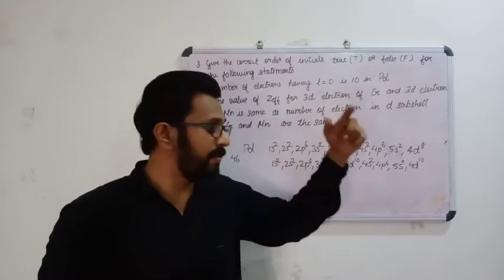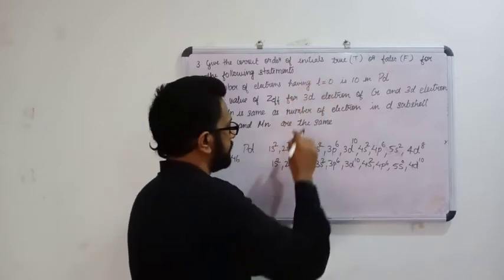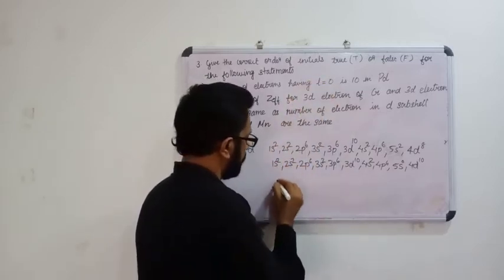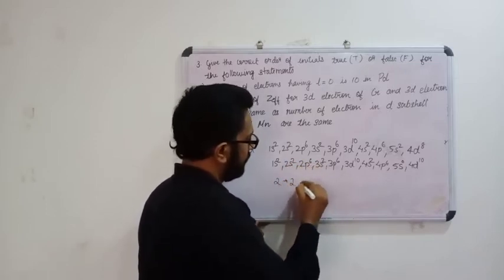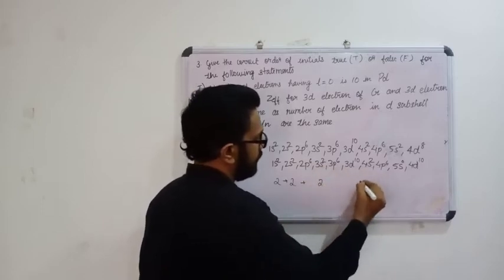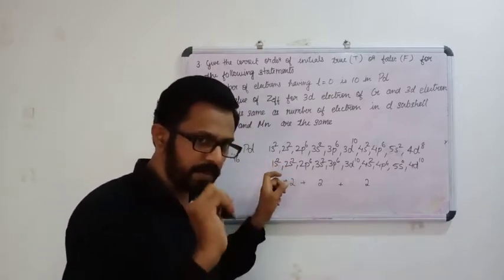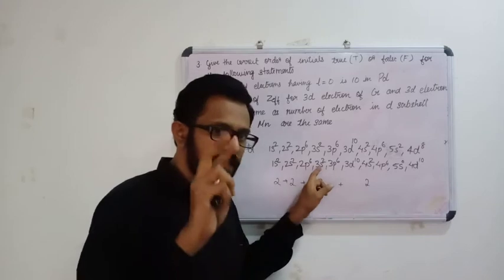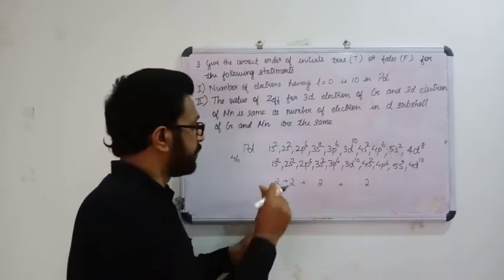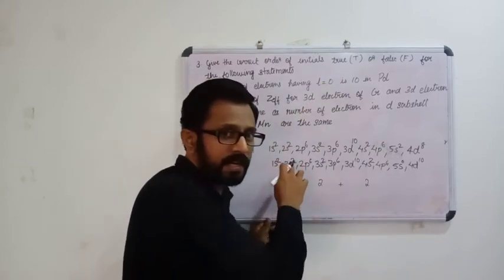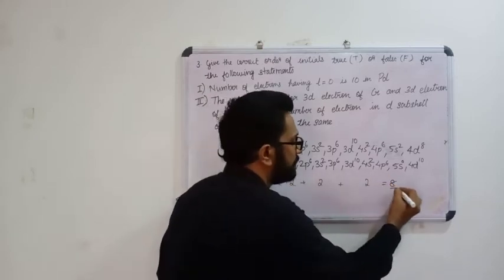How many s subshells are there, and how many electrons? 1s2, 2 electrons; 2s2, 2 electrons; 3s2, again 2 electrons; 4s2, 2 electrons; 5s0, there is no electron. Since l is equal to 0, we consider only s subshells, and the total number of electrons in the s subshells is equal to 8.